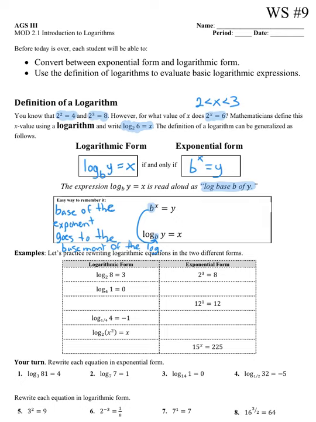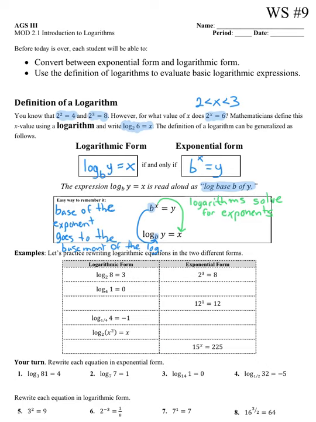All right, the other thing that's going to happen when we're switching forms, the x is going to go to the other side of the equal sign. And that happens because logarithms solve for exponents. That's always the case.